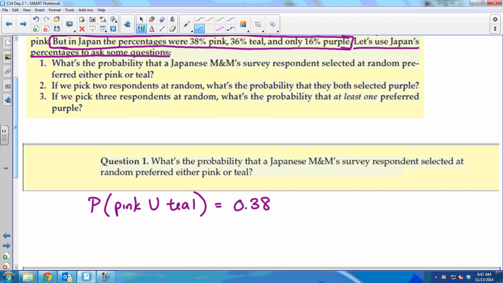And teal was 36, right? Okay. So that ends up being 0.74, 74%. Questions about that? No. Again, in stats, we only use decimals. After this chapter, we're going to be using probabilities a lot, and we generally need to be in decimal form.